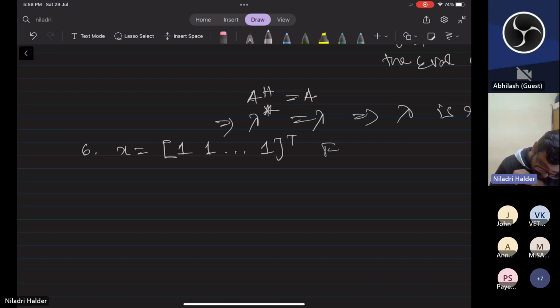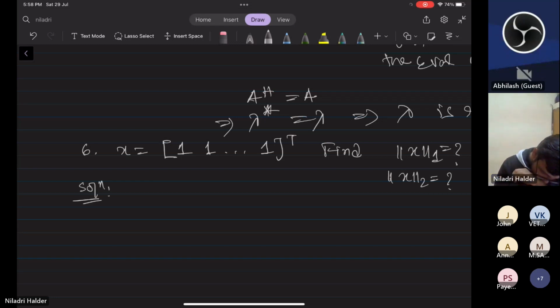Find the L1 norm and L2 norm. The L1 norm is the summation of mod xi to the power 1.